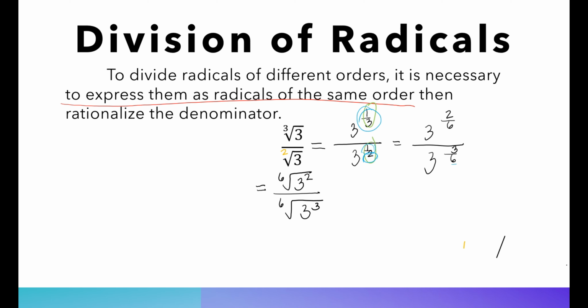And then rationalize this radical expression. To do that, we have to think of a radical expression that, when multiplied to both the numerator and the denominator, would make the denominator a perfect sixth root and eliminate the radical sign.